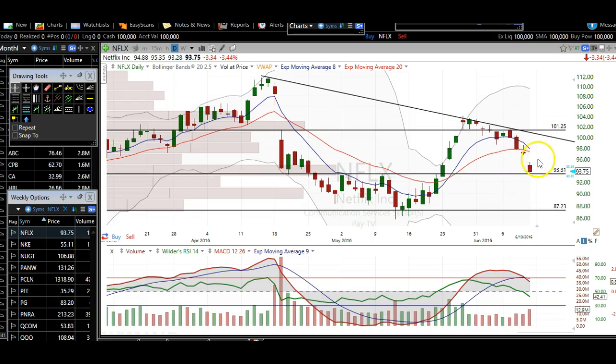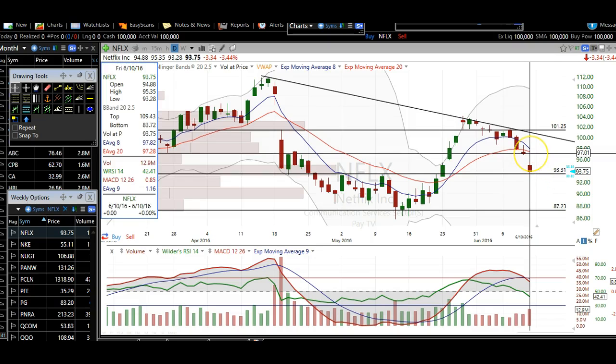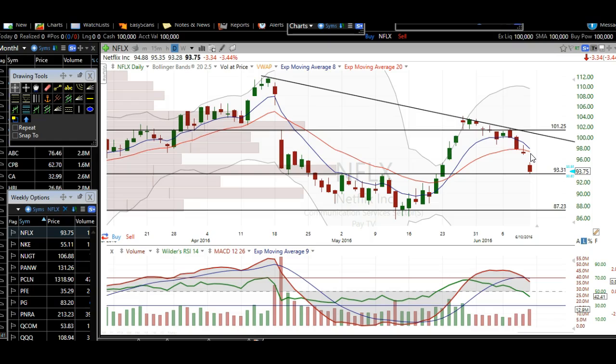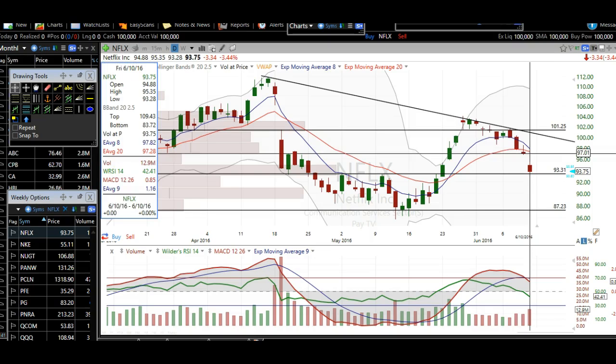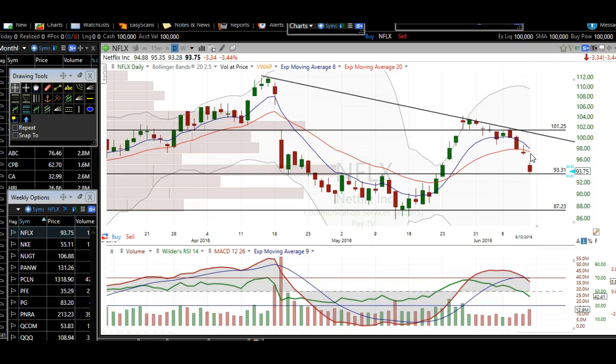At this moment, we're at a level that I do think Netflix could potentially get a bounce here, and that's because of the support from these few candles right here. Okay, and notice that's exactly where we made the low on Friday. We've got a gap up here to fill, and I suspect that we could fill that gap coming up here sometime this week.